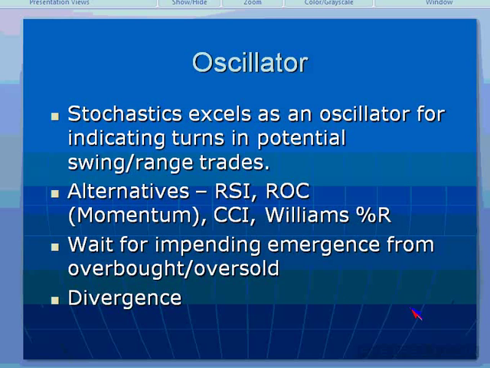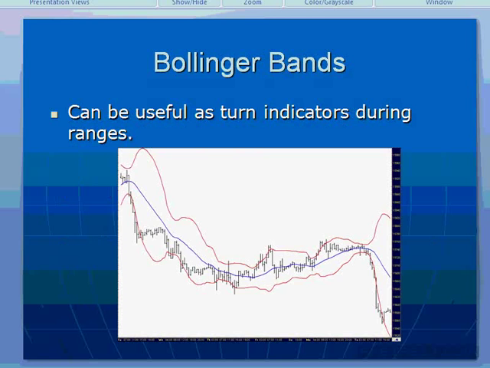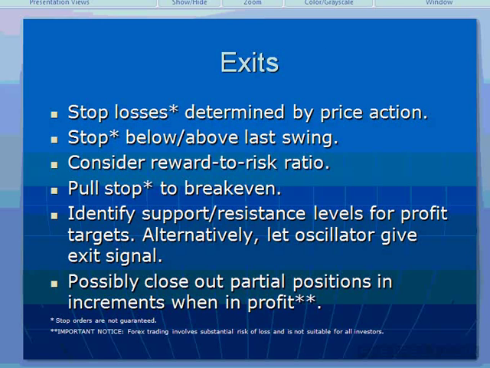Exits, and this is the last thing I'm going to talk about before I go to my charts. When you're swing trading, you can place your stop losses according to what the market is telling you. So basically, you're looking to place your stop losses beyond support and resistance.